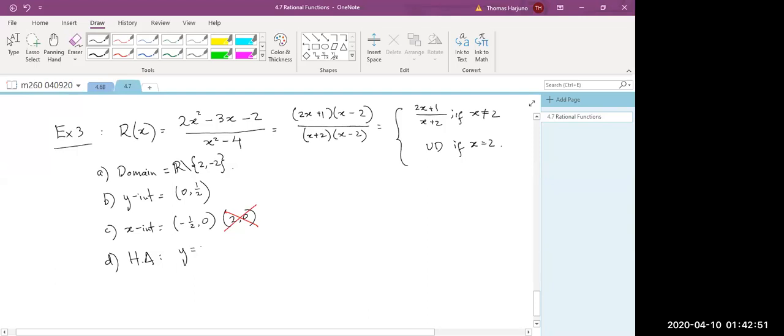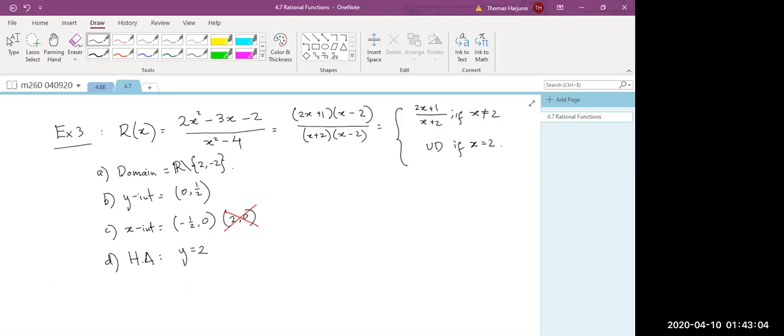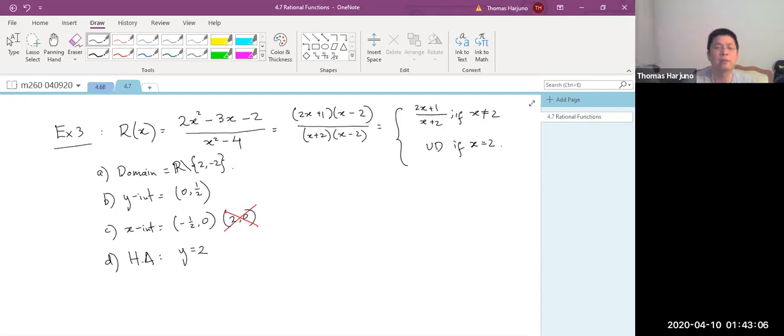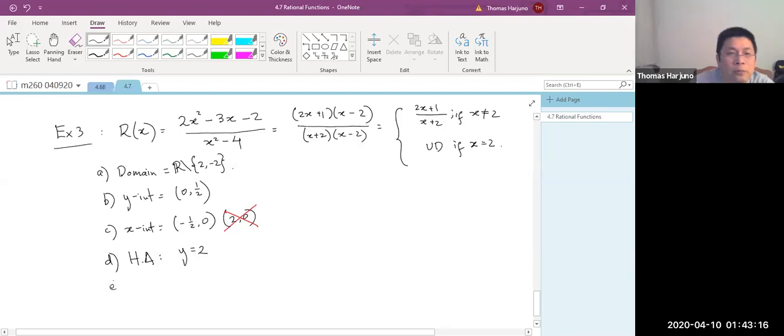It's 2 over 1, so 2. Now, if I use the original rational function, it's the same thing. Remember that the graphs are exactly the same except at holes. How about the vertical asymptote?